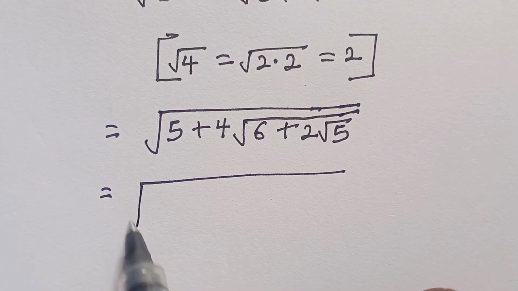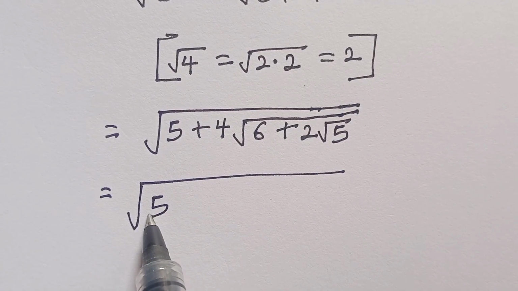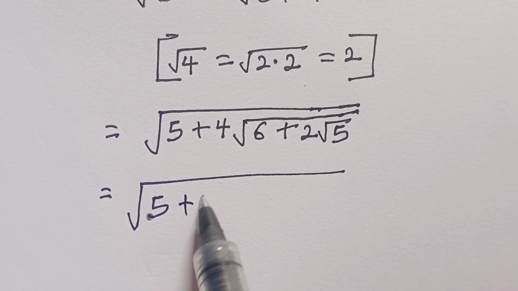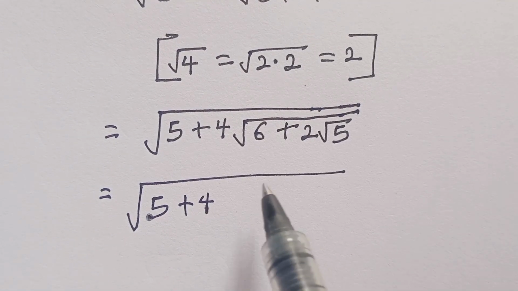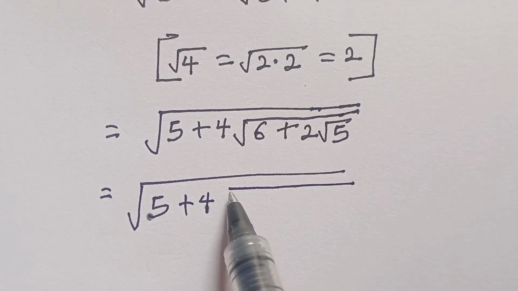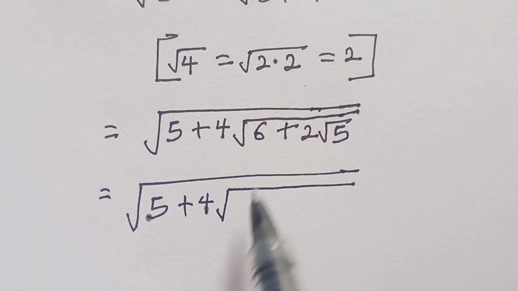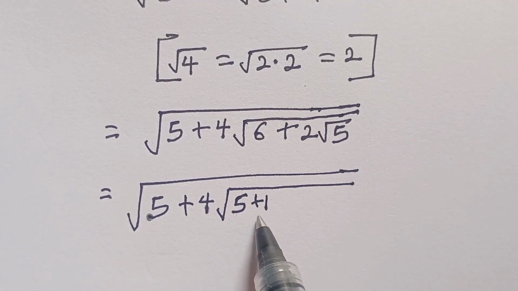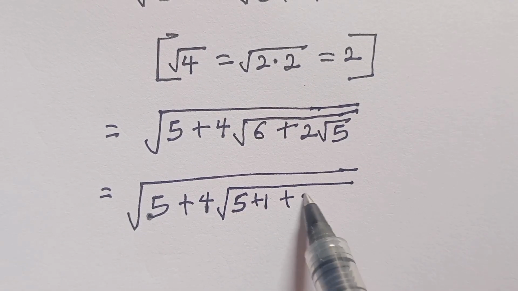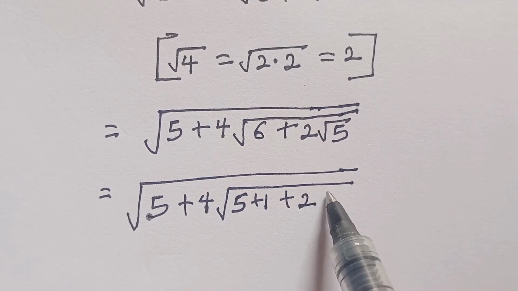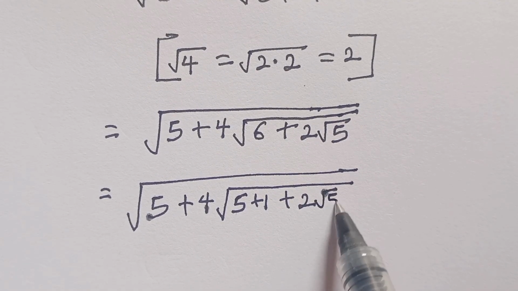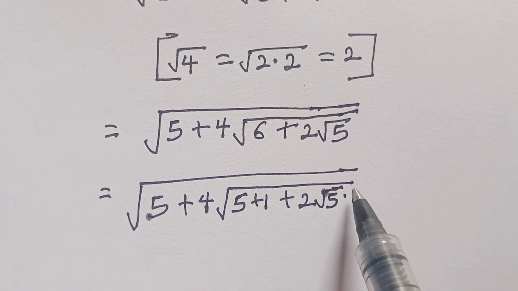So we have the square root of 5 plus 4 square root of, you can simply write 6 as 5 plus 1, because 5 plus 1 will still give you 6, so plus 2 square root of 5. So I did that 5, so multiply by 1.